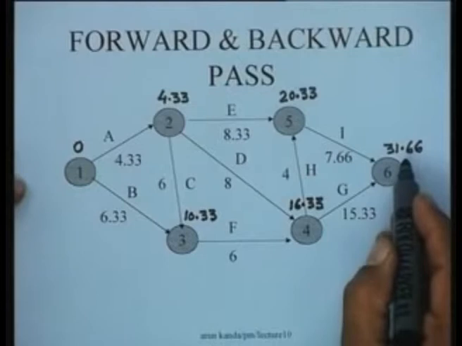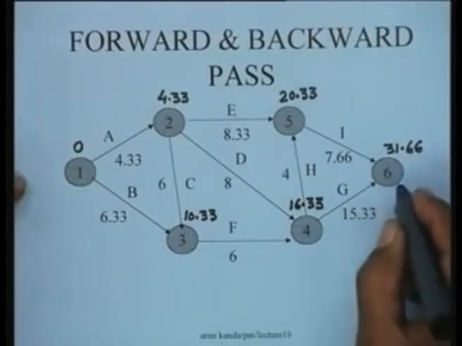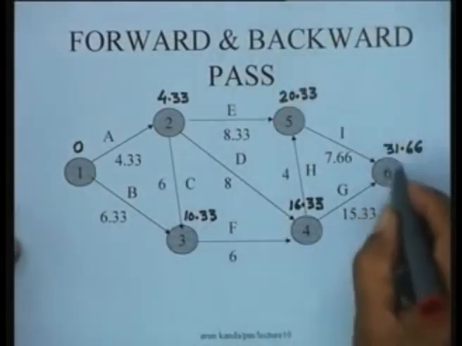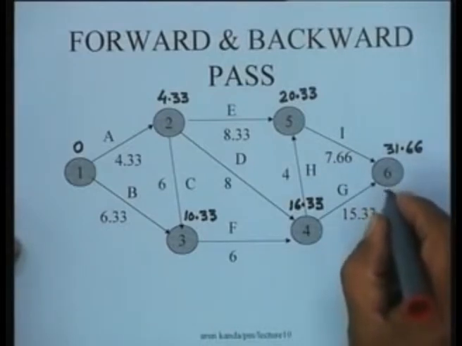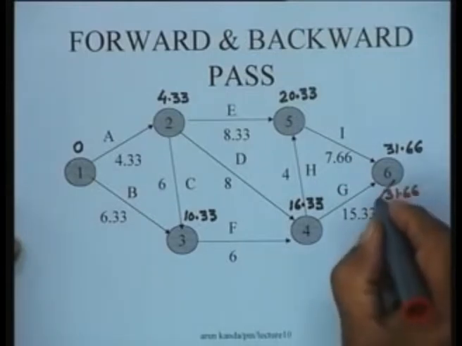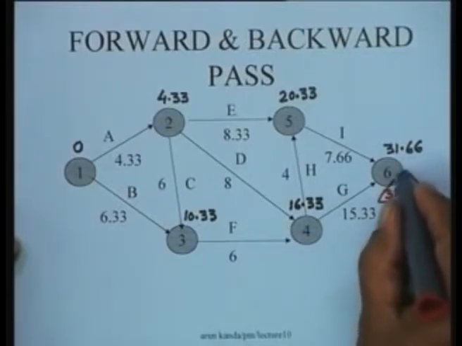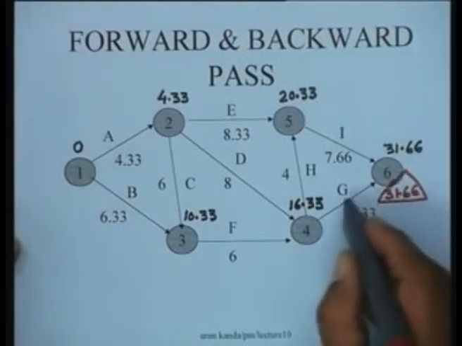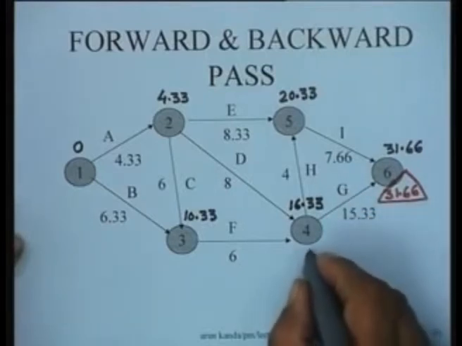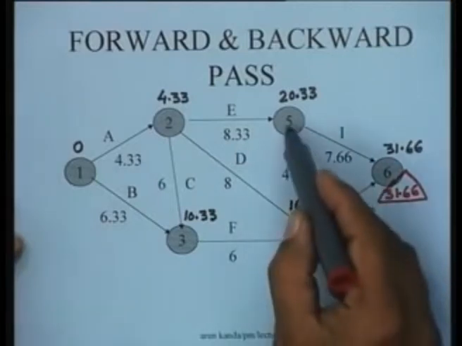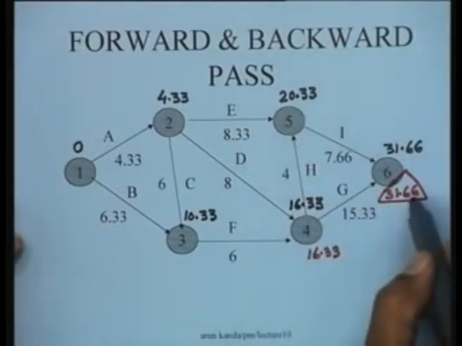That is one thing. And we can do a backward pass also. Let me use a different color for the backward pass. Let's say this value is 31.66. This is the value of the latest occurrence time of node 6. Sorry, we'll first have to compute the value of node 5. 31.66 minus 7.66 is going to be 24.